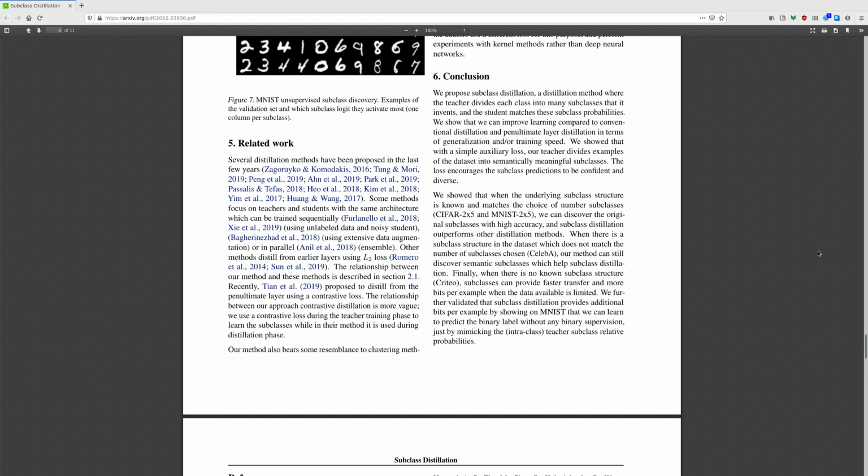Finally, when there is no known subclass structure, subclasses can provide faster transfer, with more bits per example when available data is limited. We further validated that subclass distillation provides additional bits per example by showing on MNIST that we can learn to predict the binary label without any binary supervision, just by mimicking the intraclass teacher subclass relative probabilities.